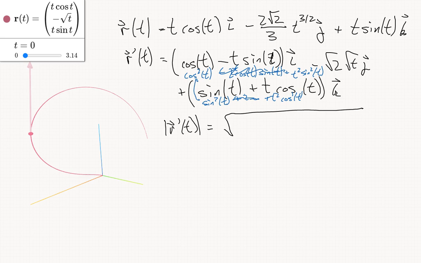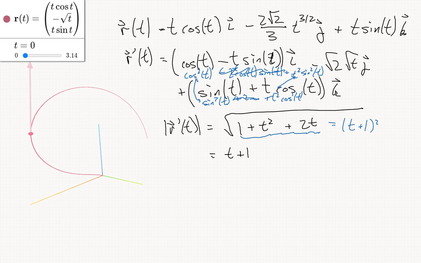And now cos squared plus sine squared is 1. So this term will become 1 plus t squared, and then root 2t squared will be plus 2t. We sort of got lucky and got a nice expression under the radical. So this is (t plus 1) squared. So the magnitude of the velocity vector will always be t plus 1.